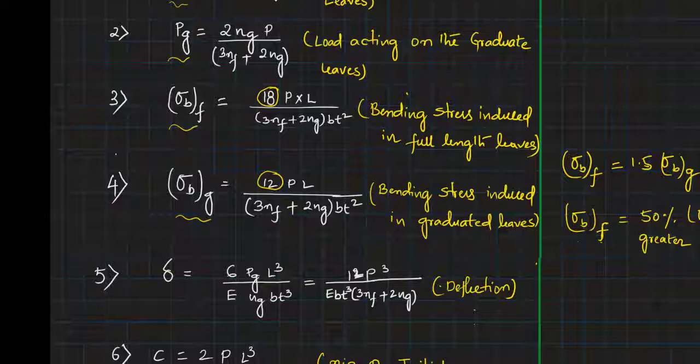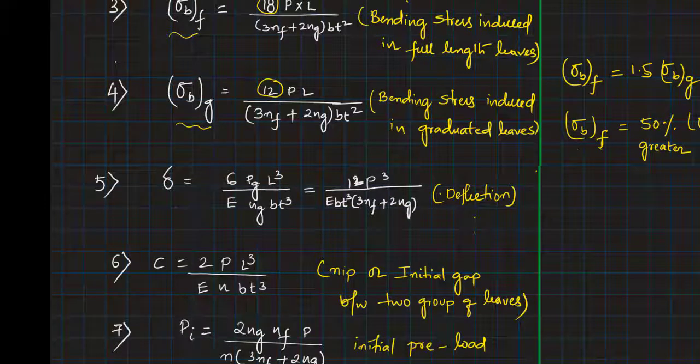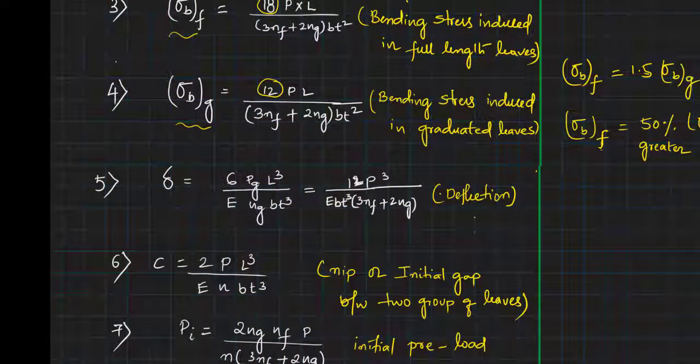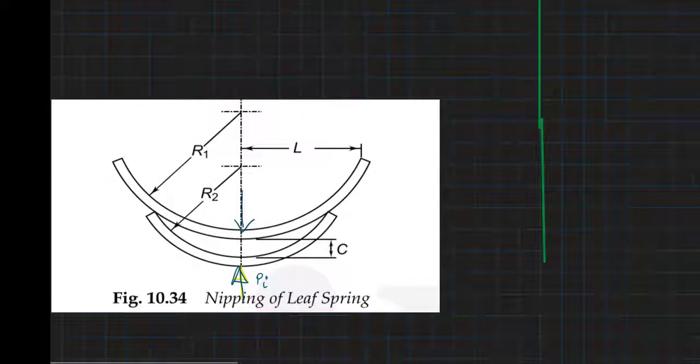Since there is a variation in the stresses in both groups of leaves, that could lead to stress concentration and failure may occur. So in order to overcome that, we'll be going for nipping of a leaf spring. In earlier video lectures we have discussed this, but we'll discuss it again here.